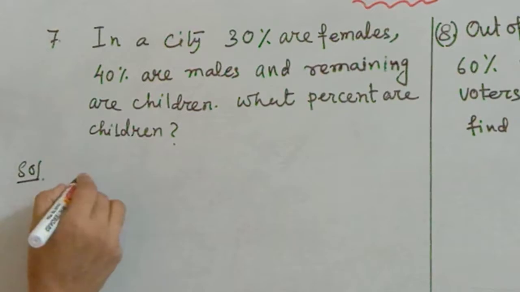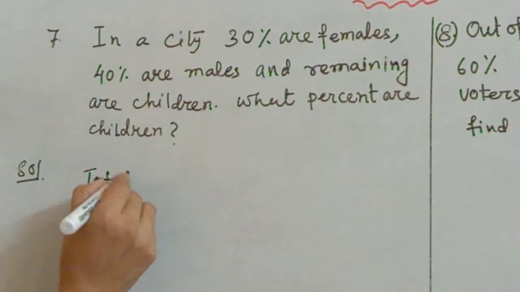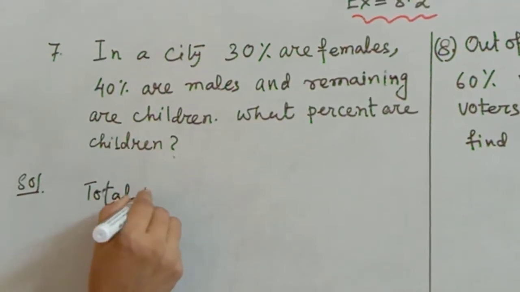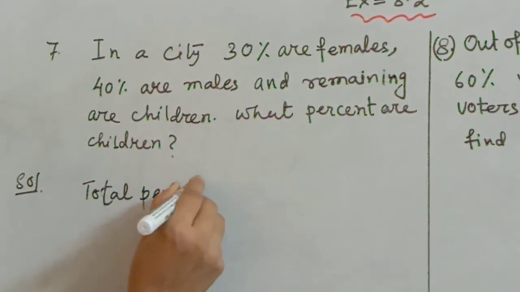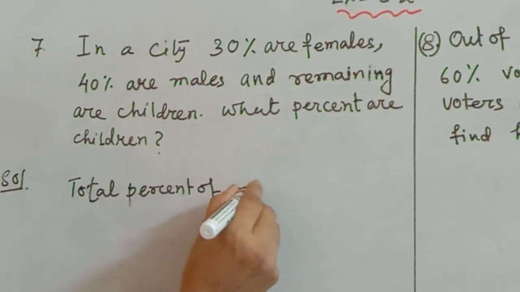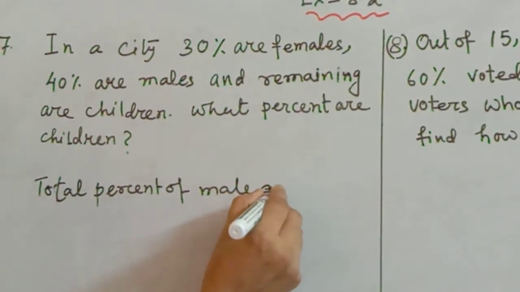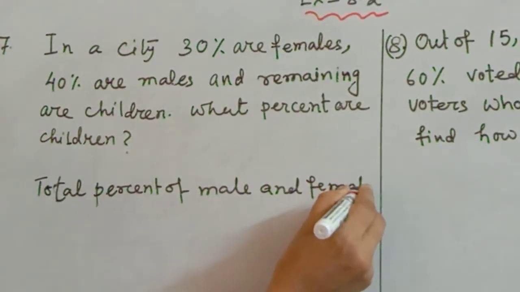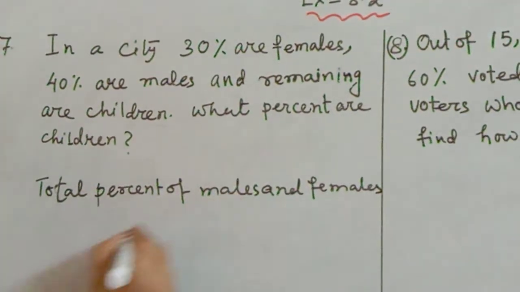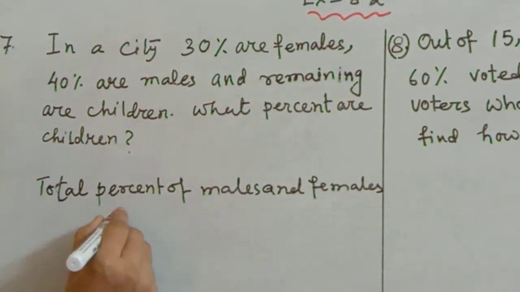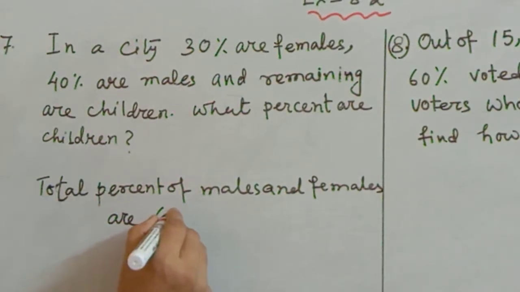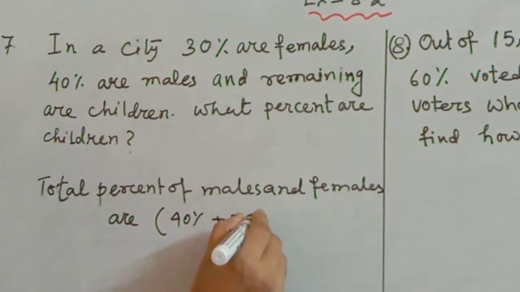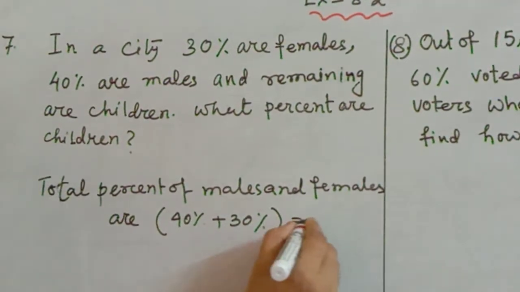Solution: total percentage of males and females are 40% plus 30%, that is 70%.